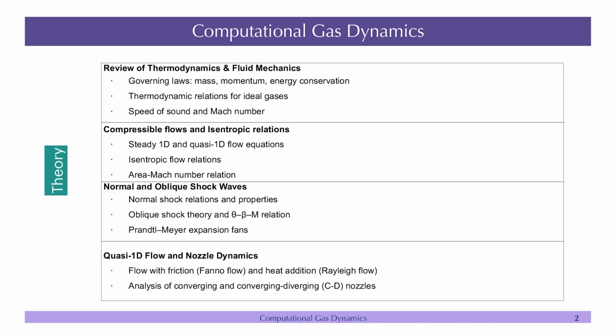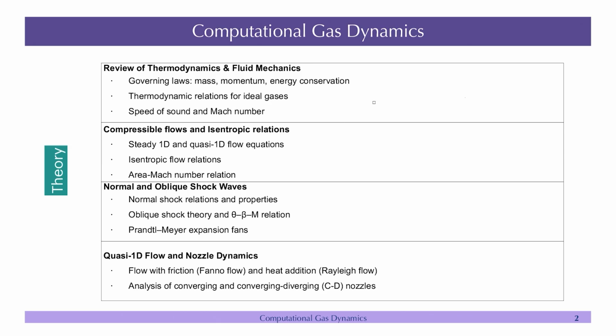So, this is what you have studied so far. We have gone through the review of thermodynamics and fluid mechanics. So, you know the first and second law of thermodynamics, also the equations of motion in fluid mechanics, the Navier-Stokes equations, Euler equations, different conservation laws.